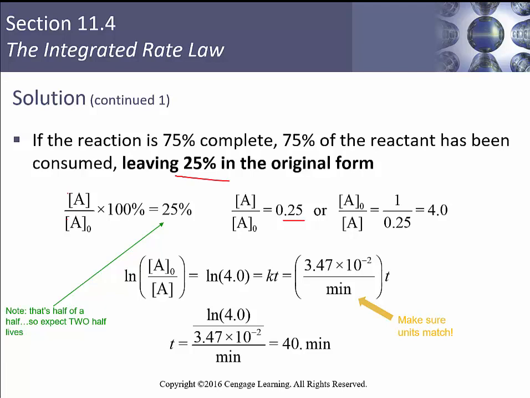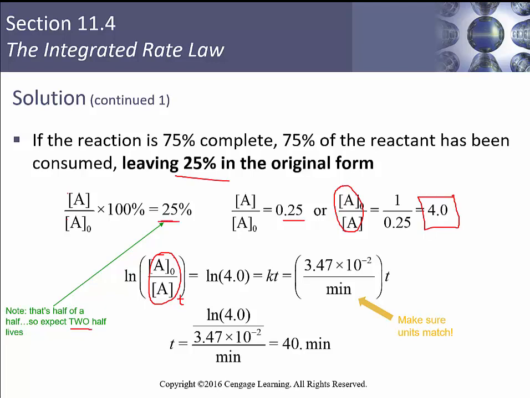Or if we're going to express it this way, we'll do 1 over 0.25, which is equal to 4. Why would we do it this way with the A0 on top? Because if we look over here at our formula for integrated rate law, it says natural log of A0 over A at a given time. So we want our A0 on top.